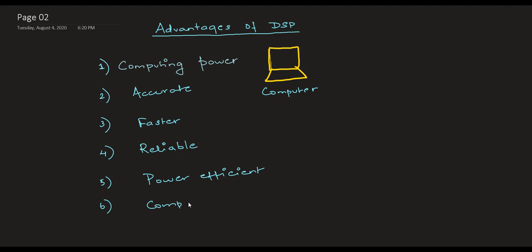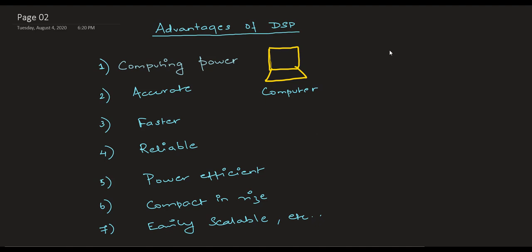So the advantages I have mentioned here are computing power, accuracy, speed, reliability, power efficiency, it is much more compact compared to the analog counterpart, and it is easily scalable. So you want to make this big, you want to make this small, you want to expand it to different remote places, all can be done with the help of the advantages of DSP.